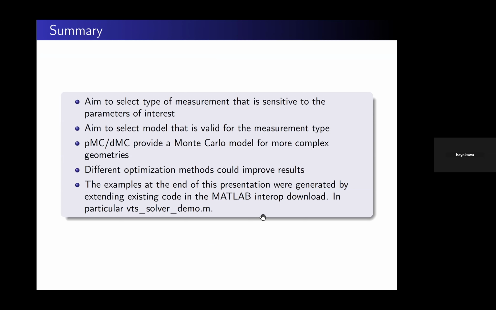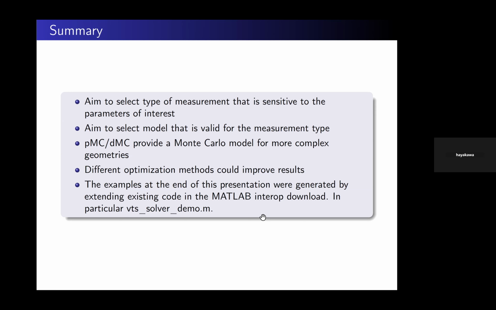So in summary, the aim is to select a type of measurement that's going to pull out the information you need from the tissue, select a model that is valid for what you're trying to pull out and the measurement type, could use Monte Carlo to solve inverse problems. Different optimization methods might help you.